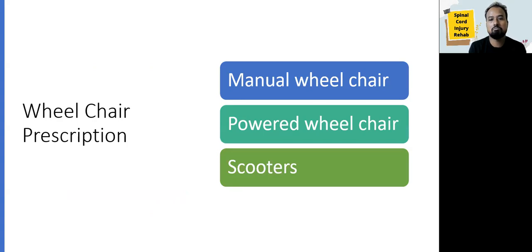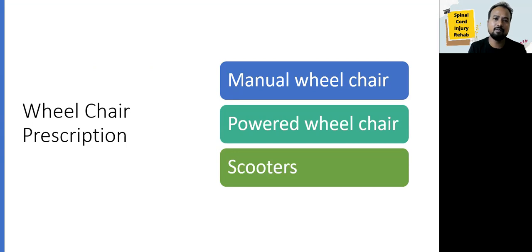Wheelchair prescription: you have different types of wheelchair, manual, powered, and scooters. We have seen quite a lot of three-wheeled ones, or modified two-wheelers where they add two additional wheels, used by patients who have lower limb difficulty.